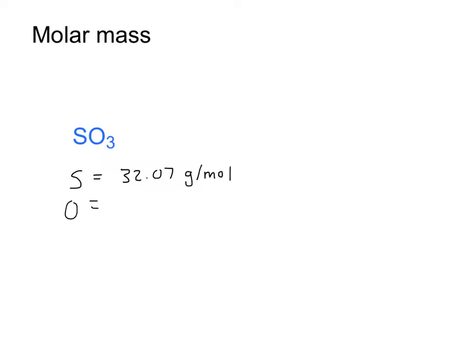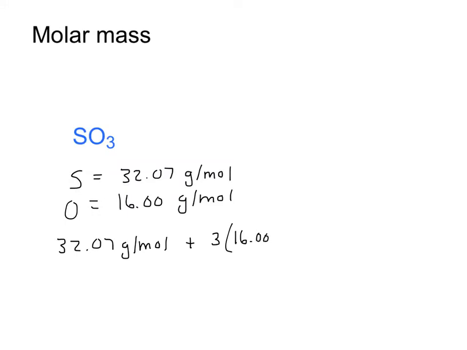Oxygen weighs 16.00 grams per mole. Now, in order to add these up, what we're going to do is go 32.07 grams per mole plus 3 times 16.00 grams per mole, because we have 3 oxygen atoms, and we get 80.07 grams per mole.